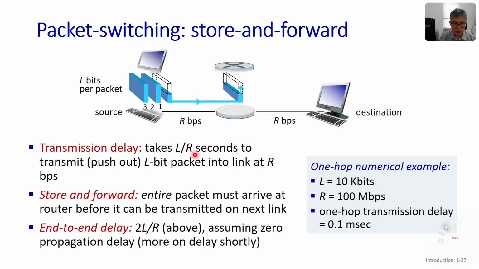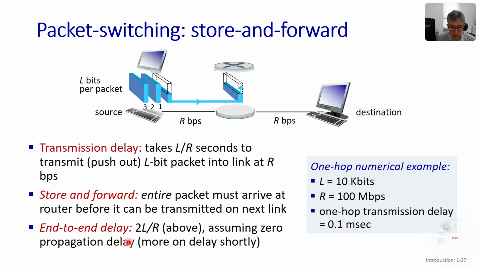Transmission delay is the time to deliver the whole message L using transmission rate R. In that case, L divided by R seconds to transmit an L-bit packet into a link at R bps bandwidth. In the store and forward case, the entire packet must arrive at the router before it can be transmitted on the next link, such as a CRC check or checksum to validate the correctness of the bits.